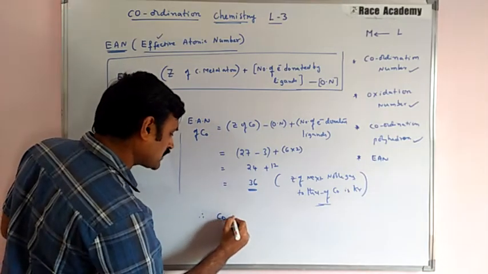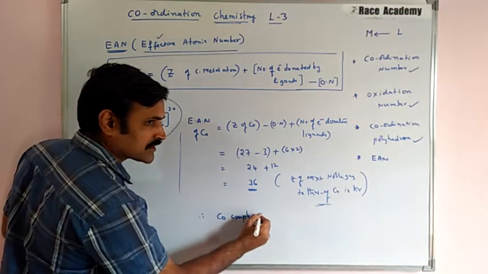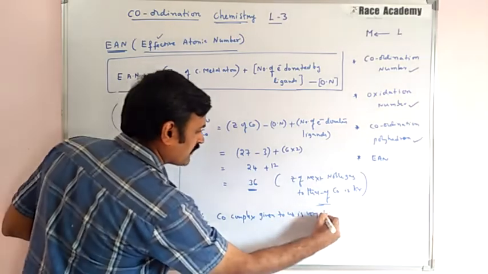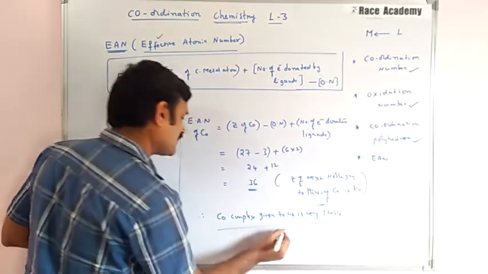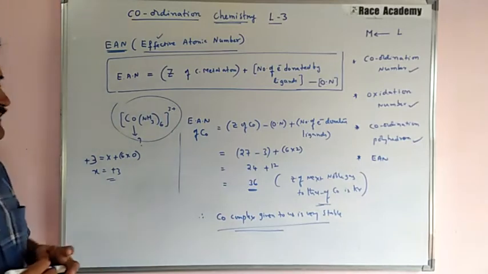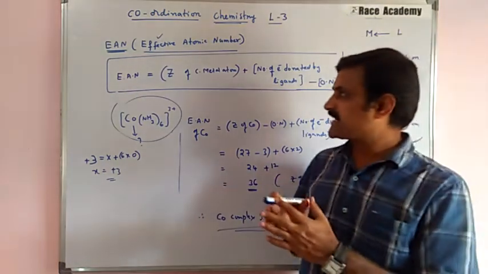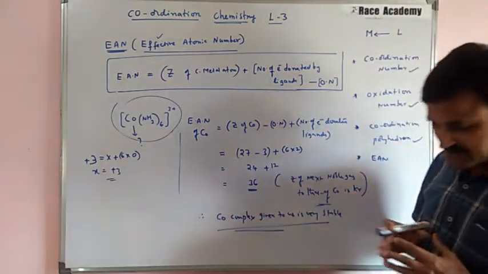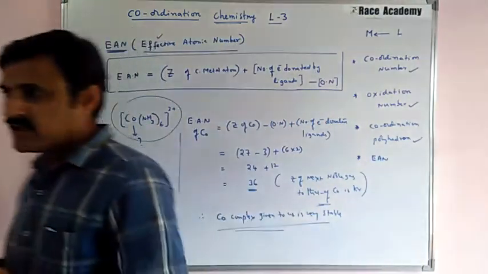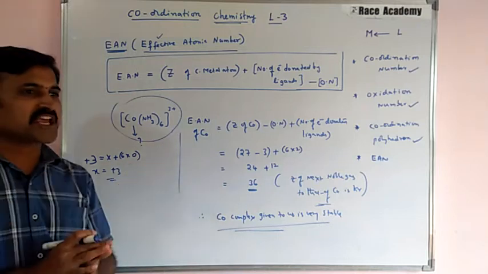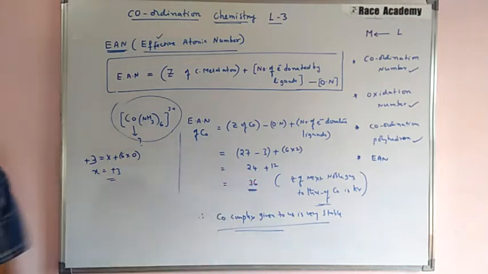Therefore the cobalt complex given to us is very stable. We can decide the stability of a complex compound in terms of this effective atomic number calculation. The effective atomic number will give us an idea of whether the complex compound is very stable or not. So we understand this calculation. You can once again cross-check the calculation part.